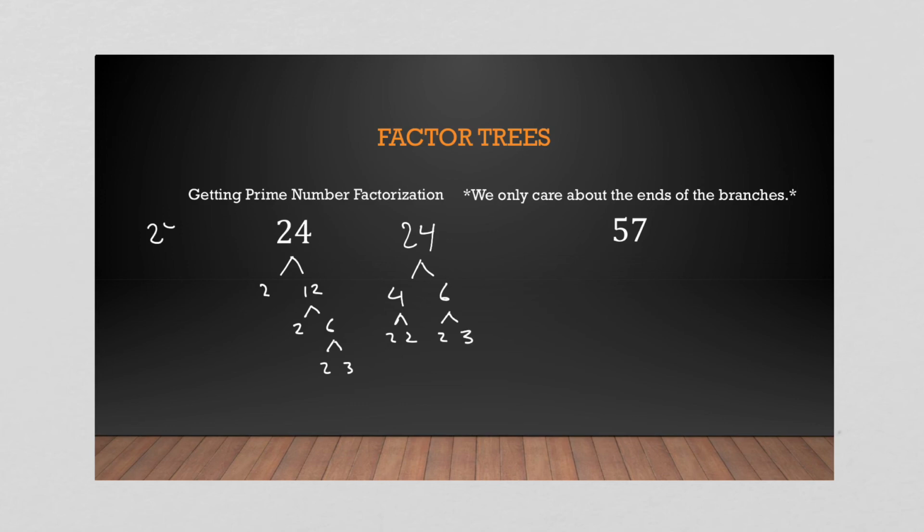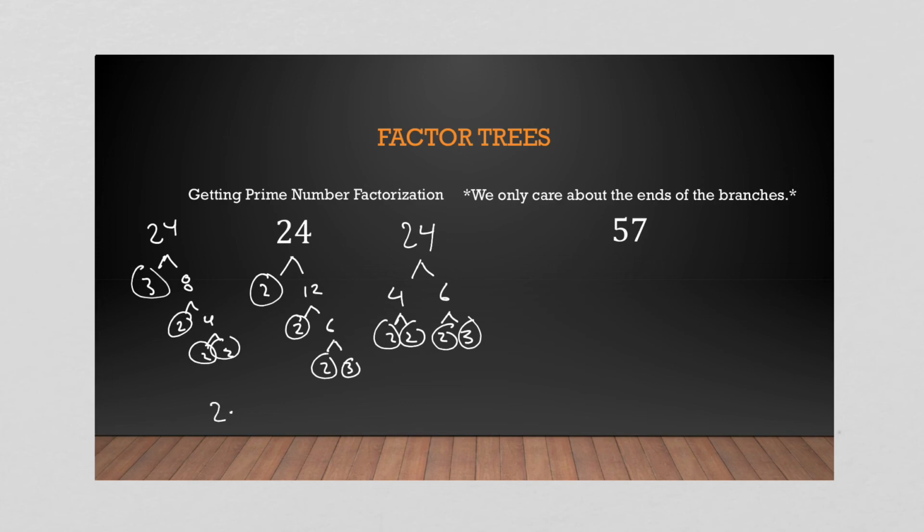And then someone else might be saying, well, I was going to go 3 times 8. Yeah, and then 2 times 4, and then 2 times 2. And if you look at the ends of all your branches, 2, 2, 2, 3, every time. It doesn't matter how you get there as long as you don't screw it up. So 2 times 2 times 2 times 3 is the prime number factorization of 24.